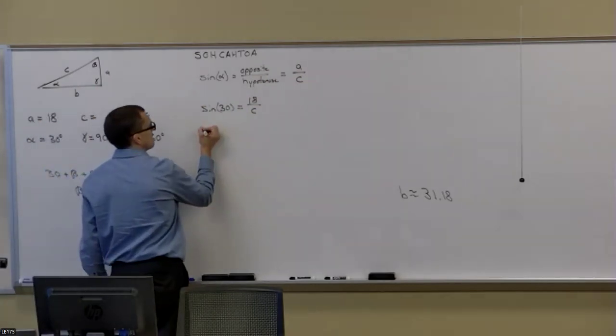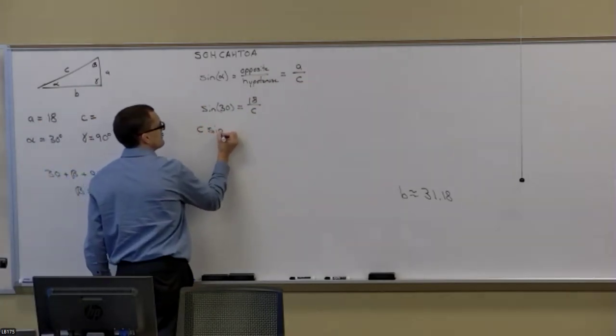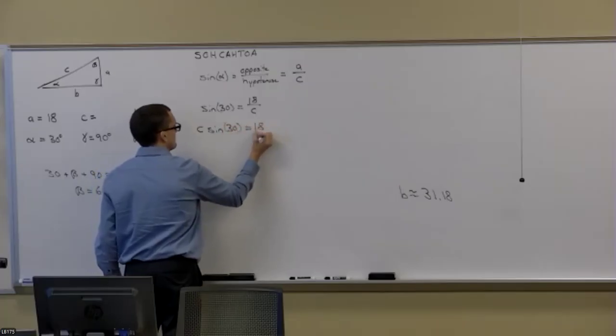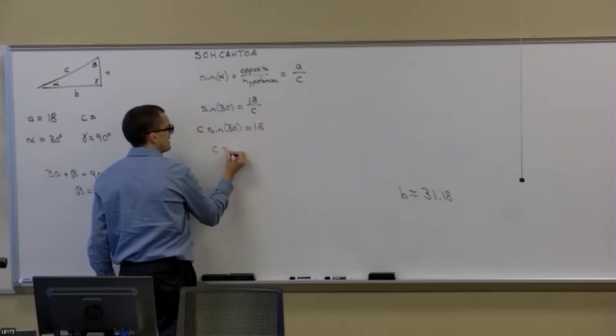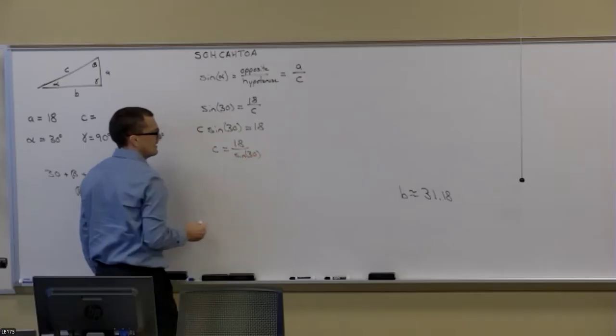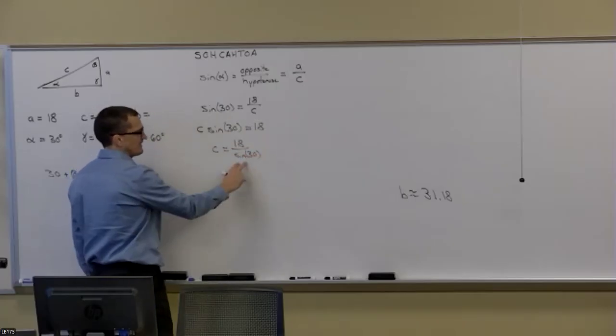Multiplying both sides by C gives me C times the sine of 30 is equal to 18. And I'm saying C is 18 divided by the sine of 30. Sine of 30 is 1/2.